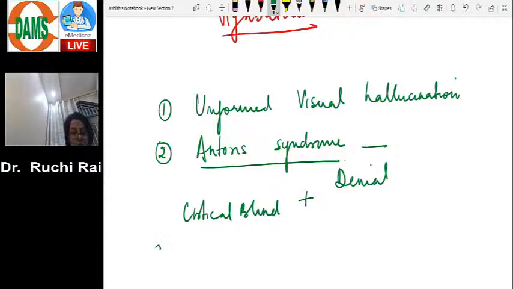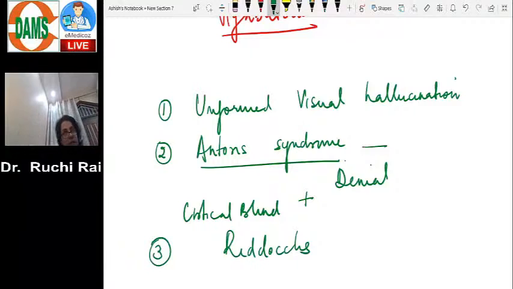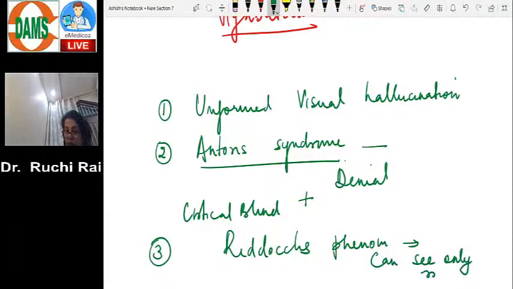And what is the Riddoch phenomenon? In this type, the patient is only able to appreciate a moving object. So in this type of lesion you can note down that the patient can see only moving objects.